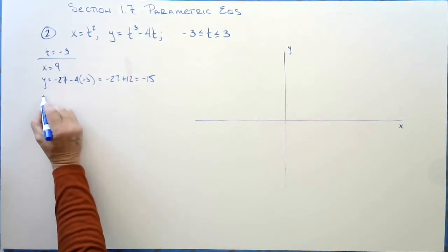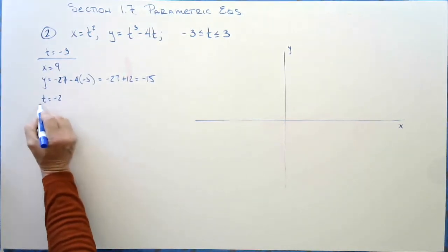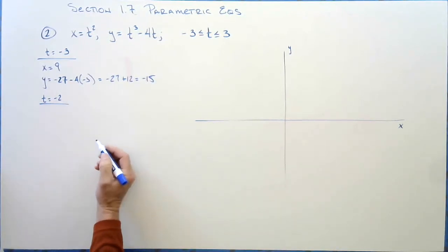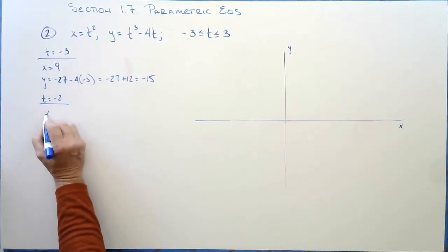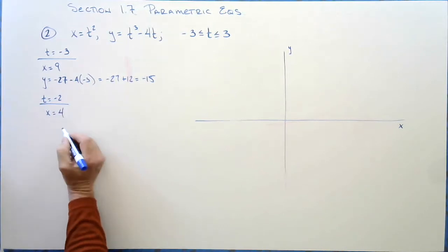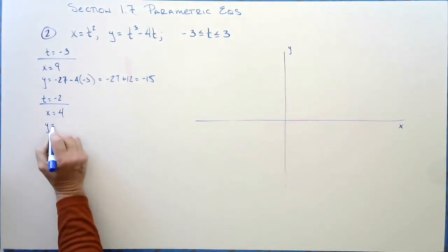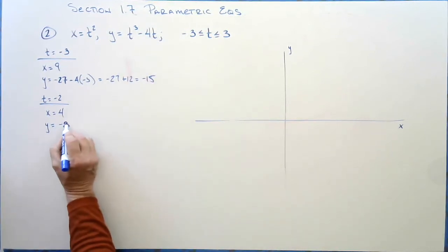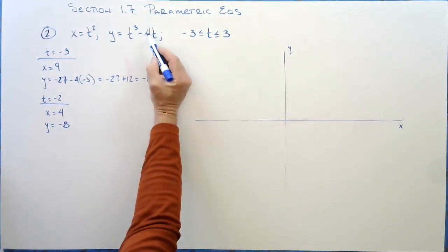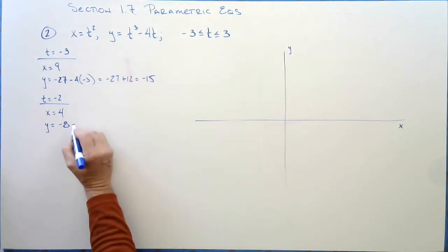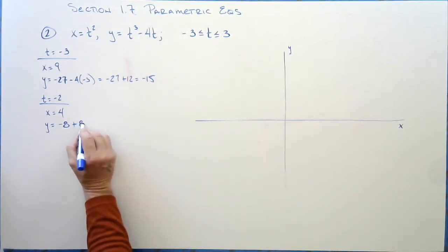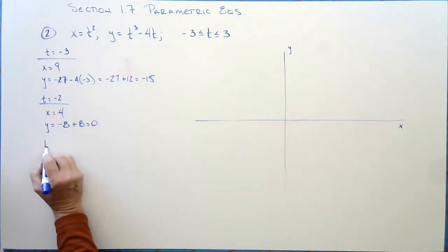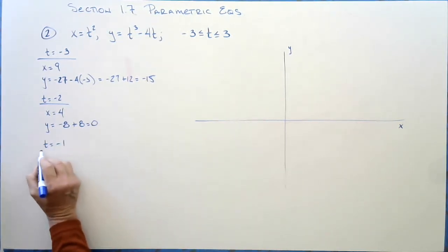Then we're going to plug in t is -2. We're just moving from -3 to 3, picking easiest points. At -2, we get x is equal to 4, and we get y is going to be -2 cubed is going to be -8. -2 times -4 is going to be +8, and we're going to get y is equal to 0.